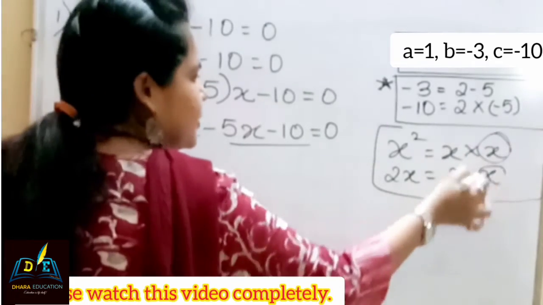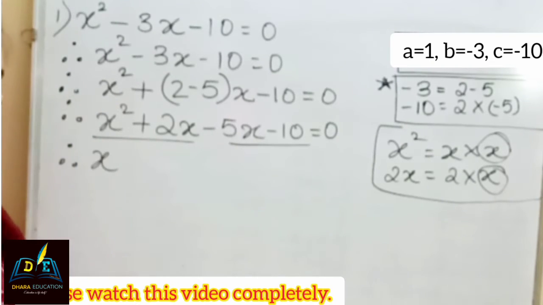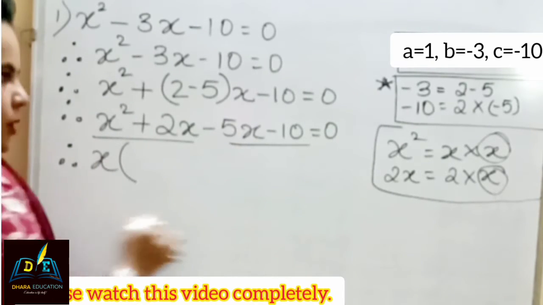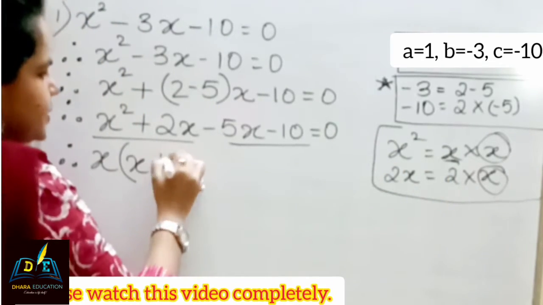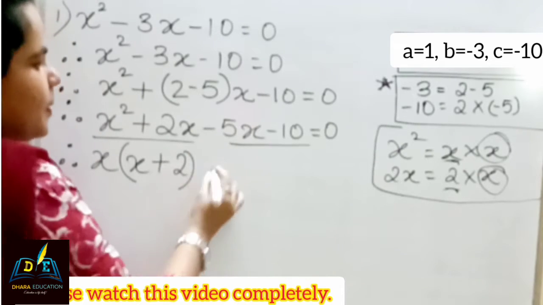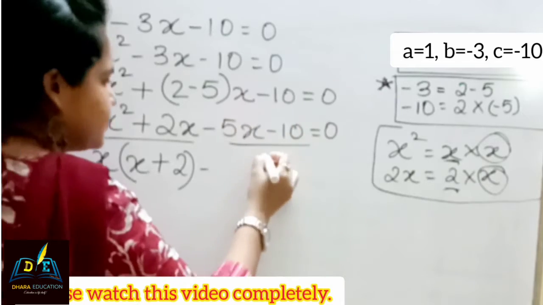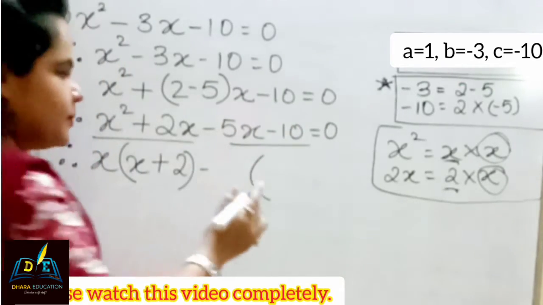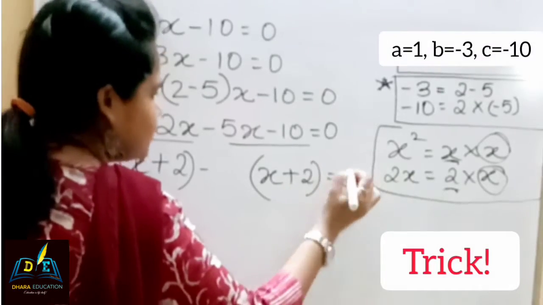X is common, correct? So we will write x as common over here. Open the bracket. What is left over here is x, plus what is left over here is 2. Then minus, the same term you need to write here. It is a trick. x plus 2 is equal to 0.